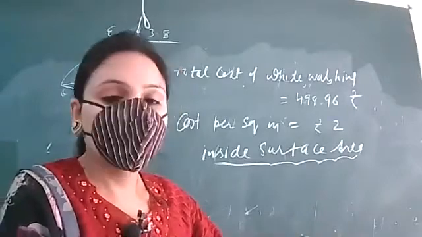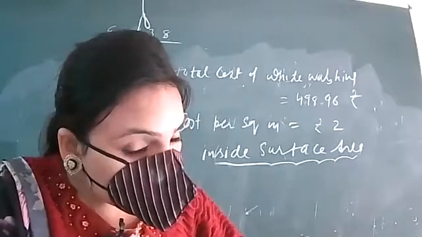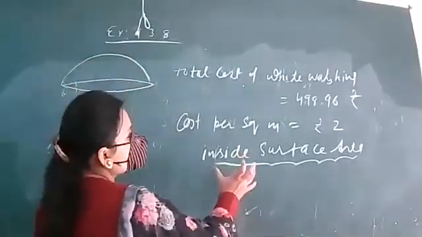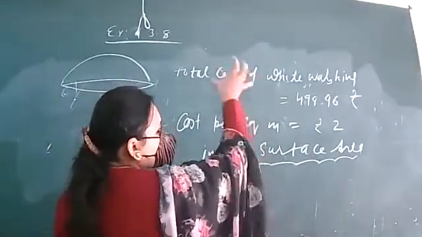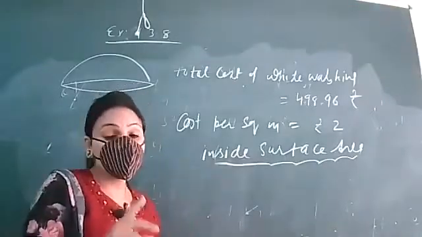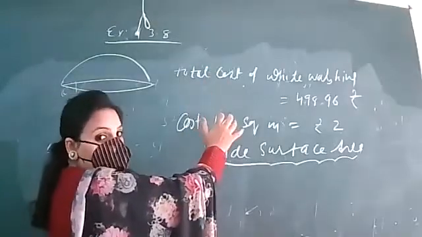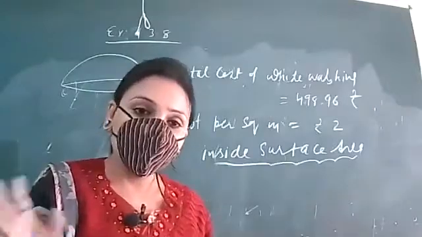Good morning, ma'am. गुड मॉर्निंग. Ma'am, surface area into cost per square meter is equal to total cost. Very good. Inside surface area into cost per square meter is equal to total cost. This is the relation between these three. बहुत बार हम इसको यूज कर चुके हैं. When the total cost is given, cost per square unit is given, and we want to find the particular surface area, volume, whatever.